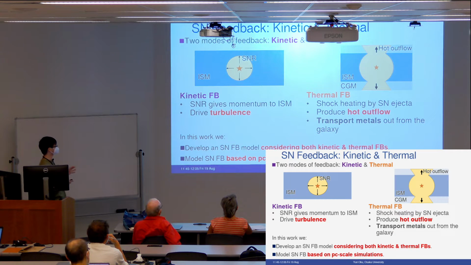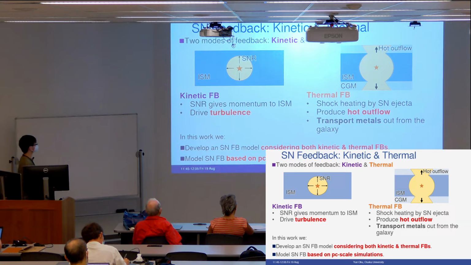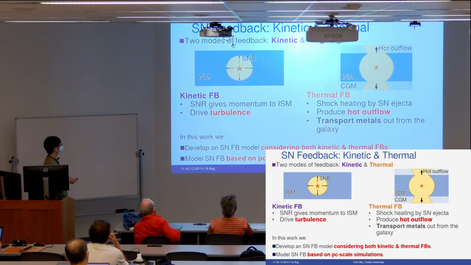So we need a feedback model, and here I consider two modes of how supernova feedback works on galaxy formation and evolution. The first is kinetic feedback. After a supernova explosion, supernova remnants form and inject momentum to the surrounding ISM, and this momentum drives turbulence in the ISM. The second is thermal feedback. The hot bubble grows and sometimes breaks out from the galaxy and produces a hot outflow.